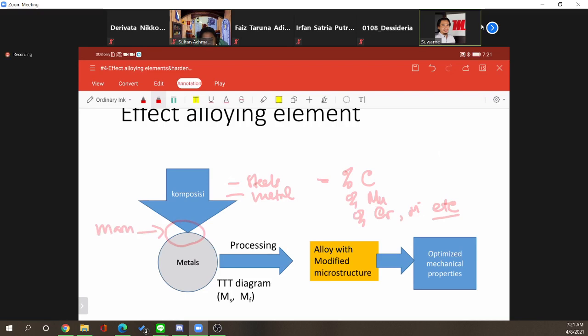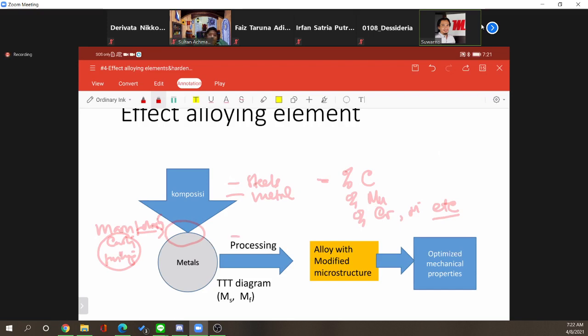For example, either casting or forming will give different microstructure. And then anyway, this can be processed for further modification.